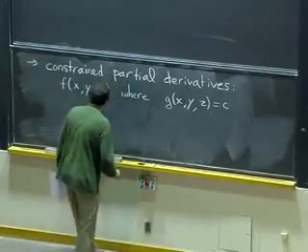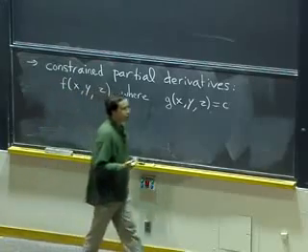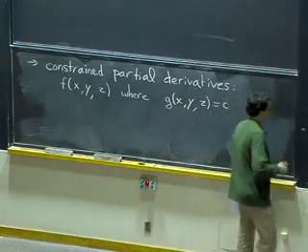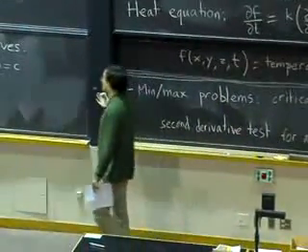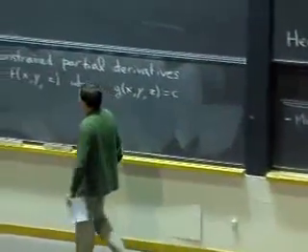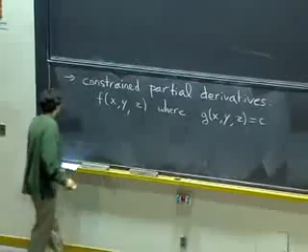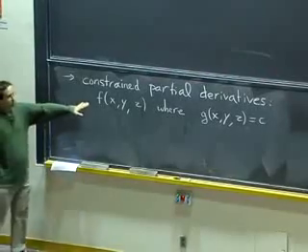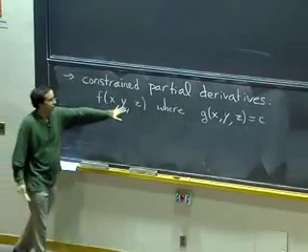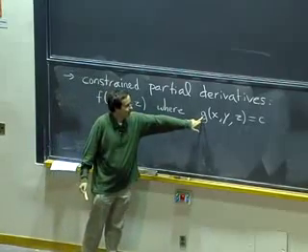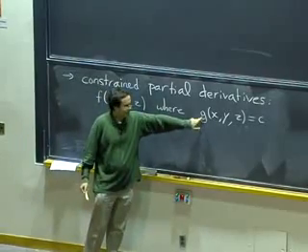And then what we want to know is what is the rate of change of f with respect to one of the variables, say x or y or z, when I keep the others constant. Well, I can't keep all the others constant because that wouldn't be compatible with this condition.